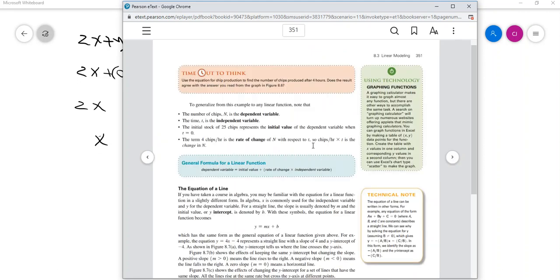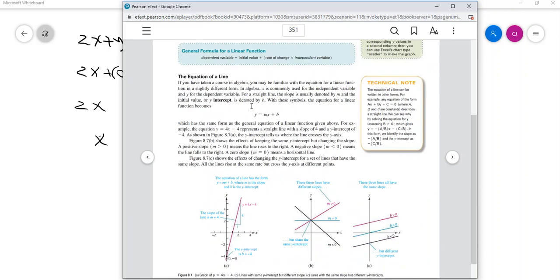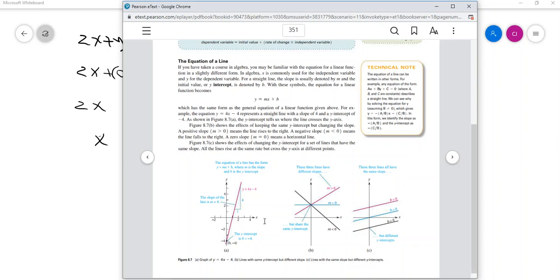And let's look at this here. So on page 351. Now, these are pretty important. We see this: dependent variable, independent variable, initial value, and rate of change. Okay, so let's look at these examples here. The independent variable is the x-axis variable.